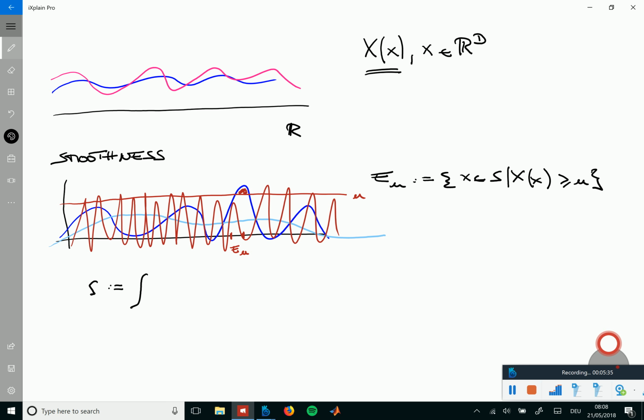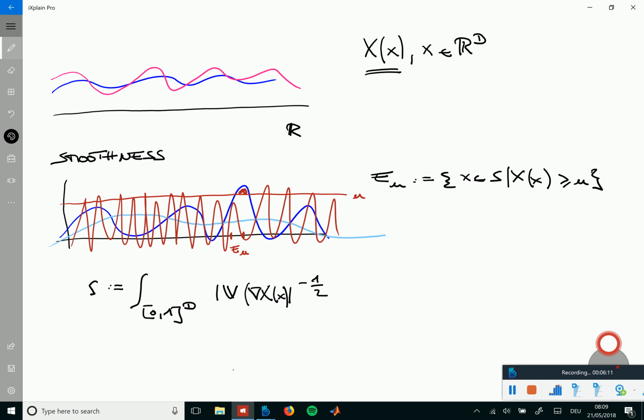And we defined it as an integral over the d-dimensional unit square or cuboid or interval of the determinant of the variance matrix of the gradient of the random field to the power of minus 1/2, minus because what is actually measured here is the roughness.